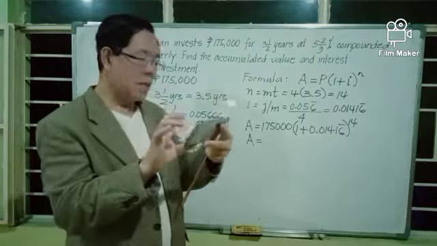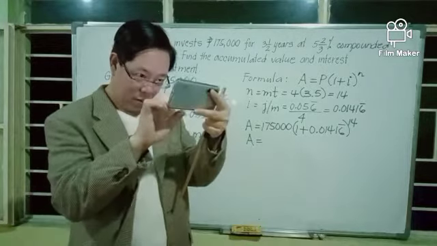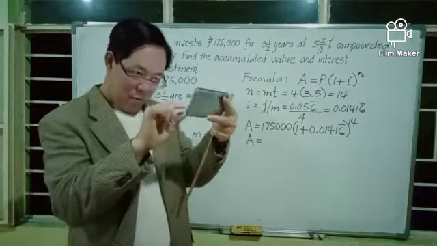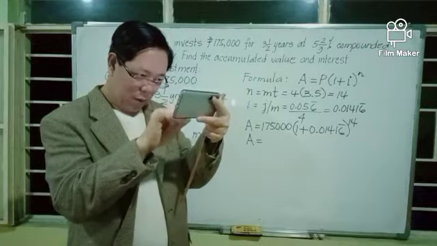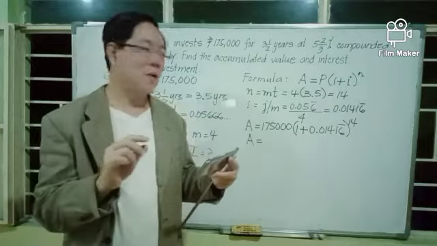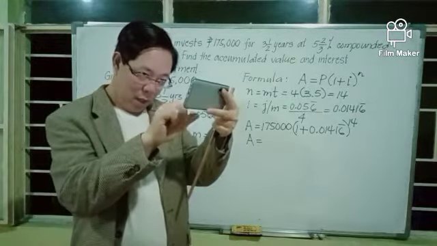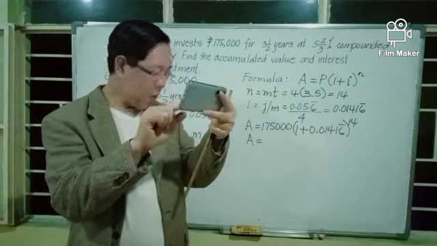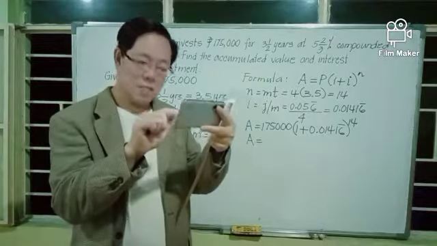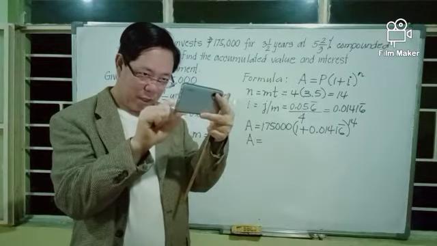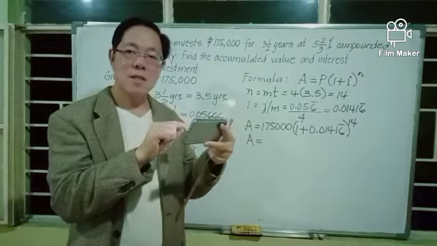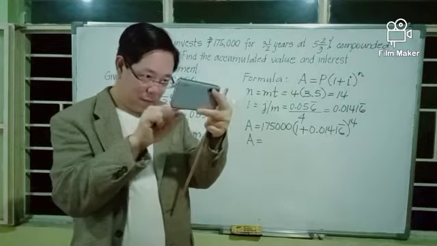We have 175,000 pesos times open parenthesis, you press open parenthesis in your calculator, 1 plus 0.0141, you press 6 many times repeatedly, and then close parenthesis to the power 14.